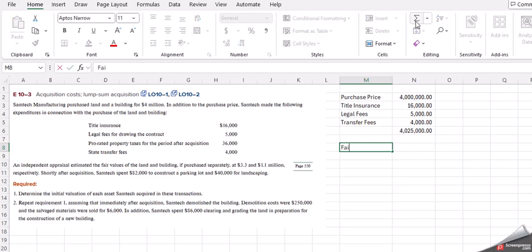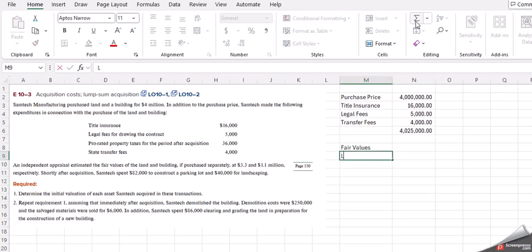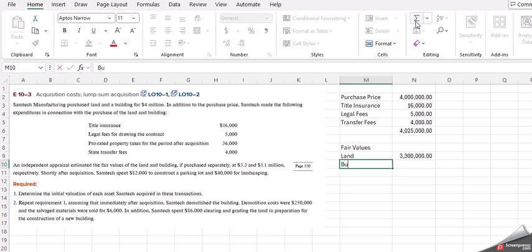But then we come down to our fair values, and we have the land, if we purchased it separately, would be 3.3 million. And then the building, if we had purchased that separately, would be 1,100,000.